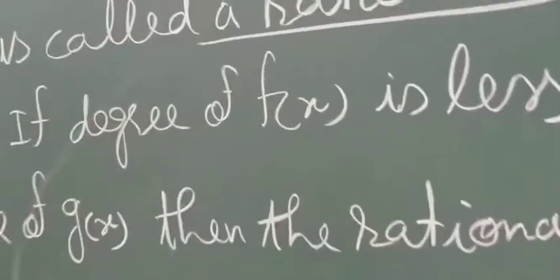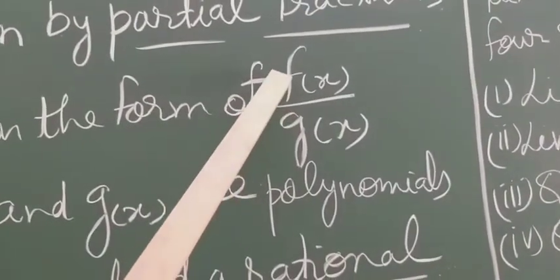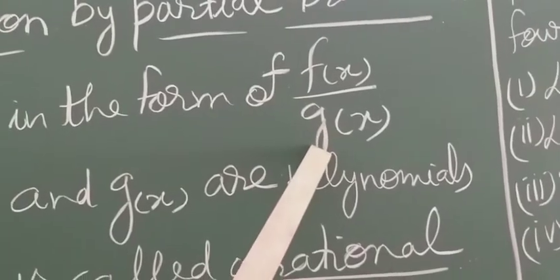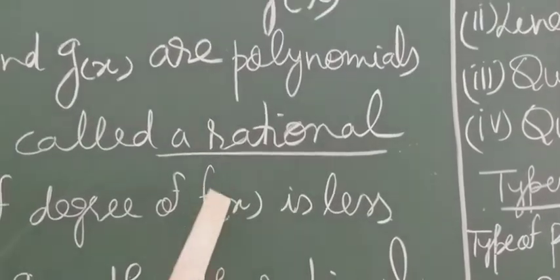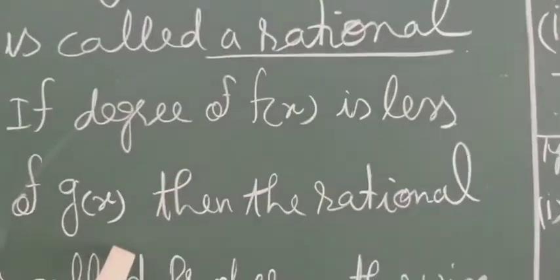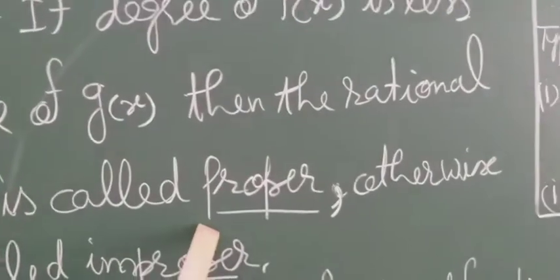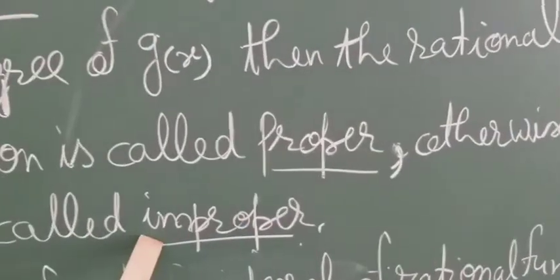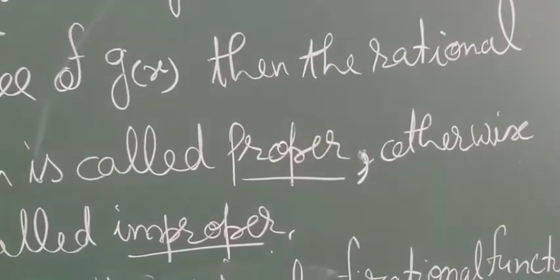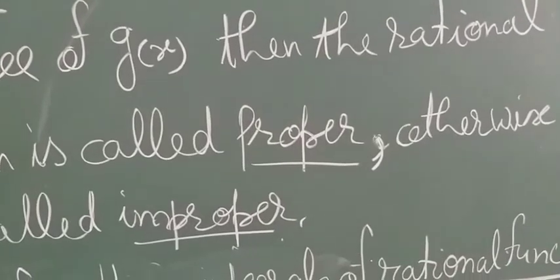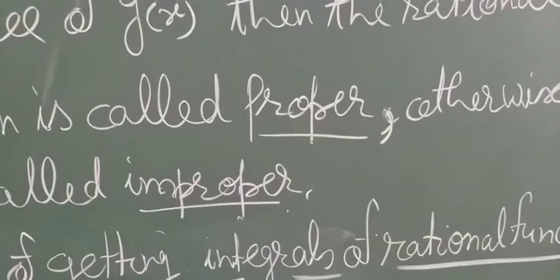Okay, so students, the function in the form f(x) upon g(x) is called a rational function, and if the degree of f(x) is less than the degree of g(x), then it is called a proper rational function, otherwise it is known as an improper rational function if the degree of f(x) is more than the degree of g(x). So these are rational functions.